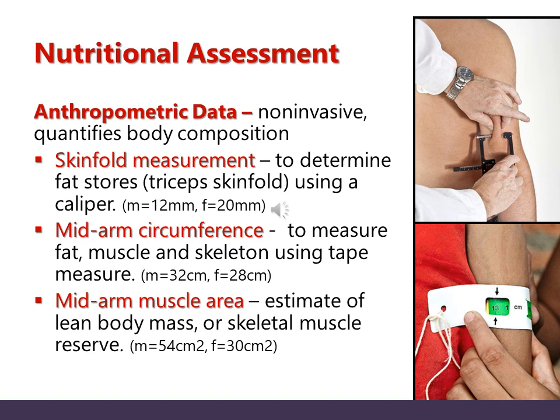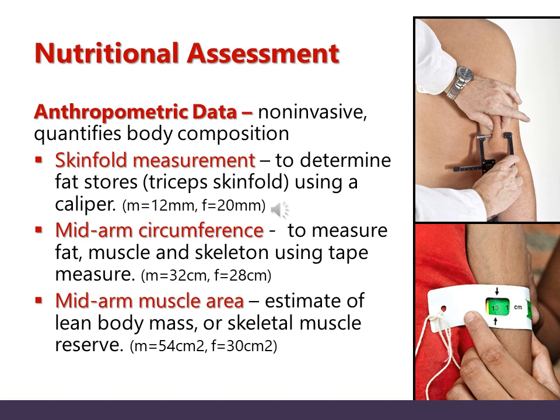Normally, the mid-arm circumference should be 32 centimeters for male and 28 centimeters for female. Greater than 32 and 28 means that the patient is obese or overweight. Lesser than 32 and 28 means the patient is undernourished.